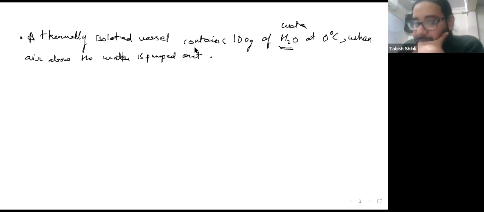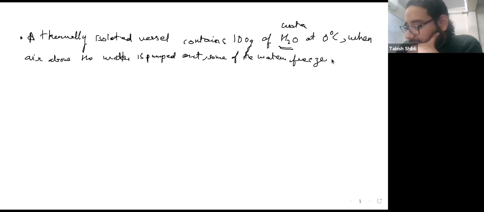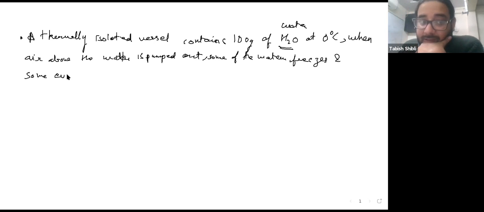Some of the water freezes and some evaporates at 0 degrees Celsius itself.